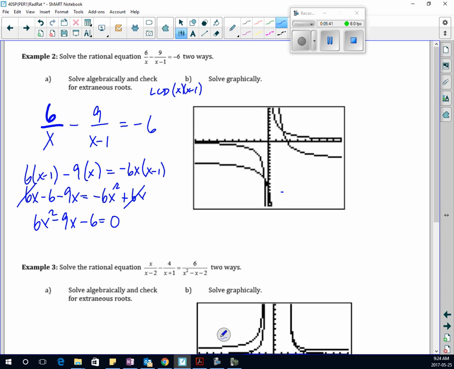I'm going to divide each and every term by 3. 2x squared minus 3x minus 2 equals 0. I'm going to factor. I get a 2x and a 2 and a minus and a plus. So I get x equals negative 1/2 and 2.